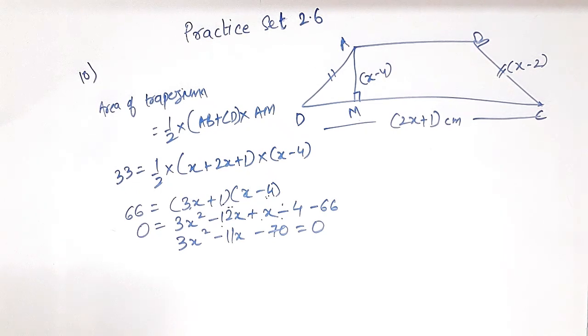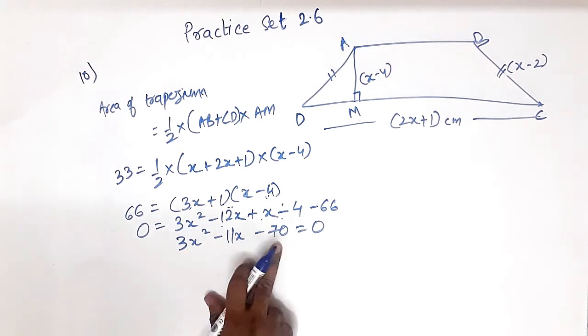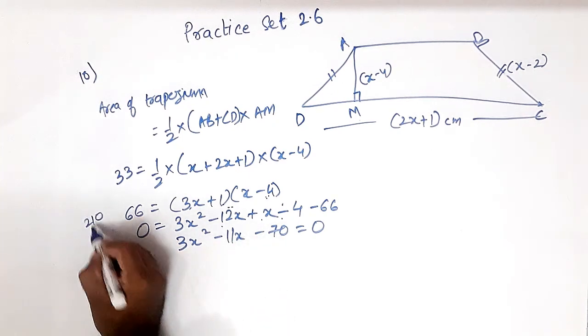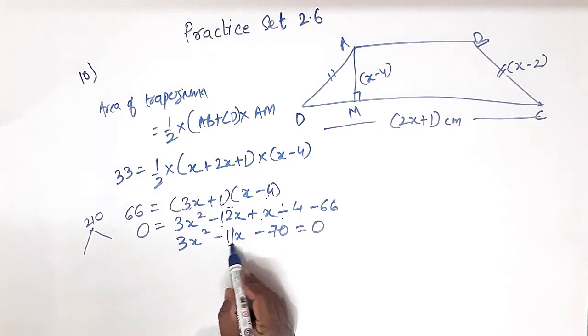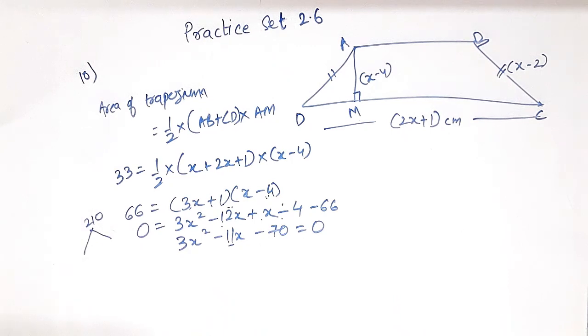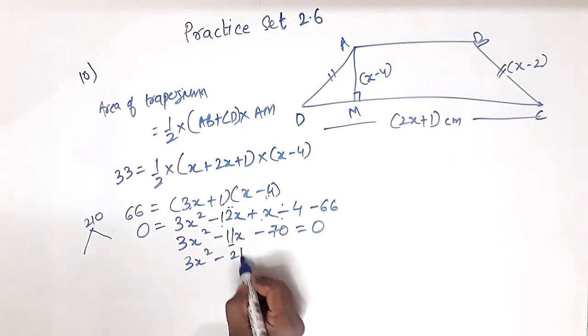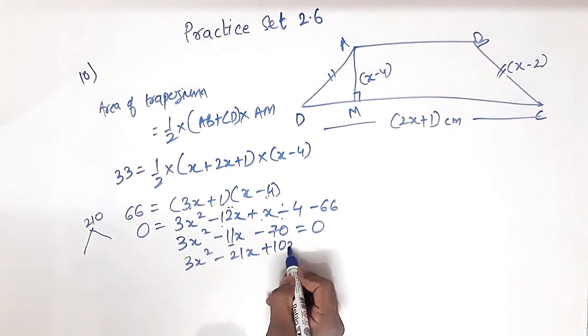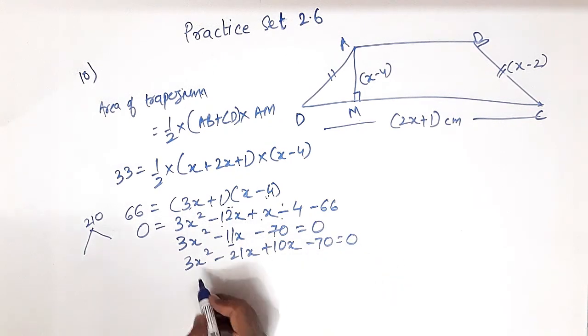Now they have asked further how to write the factors. What is 70 into 3? It is 210. I want the factors of 210 such that I get 11. It is very easy. I'm getting 3x square minus 21x plus 10x minus 70 equals 0.